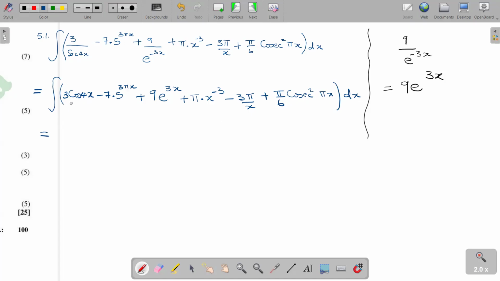So for the first one, we are going to go to the formula sheet. We are integrating cos.